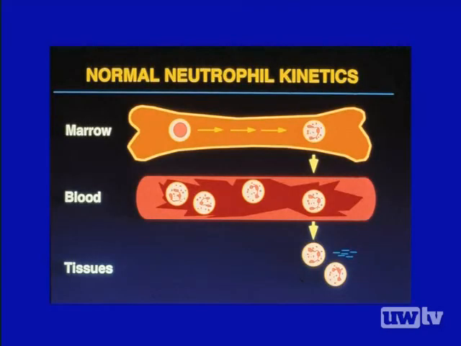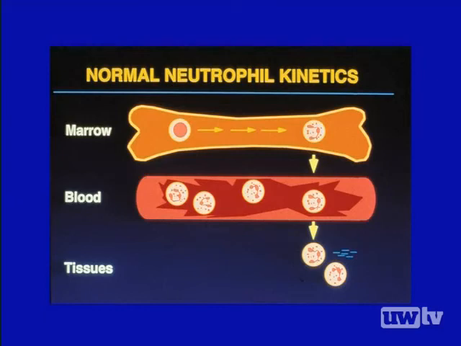We make neutrophils, depicted here, from stem cells. You may read in the newspaper about stem cells. These are the hematopoietic stem cells. And the neutrophil is formed by a series of steps of dividing and then maturing. And then an interesting feature of this part of our body, or the physiology of neutrophils, is that neutrophils are made and stored in the bone marrow in what we call the reserves.